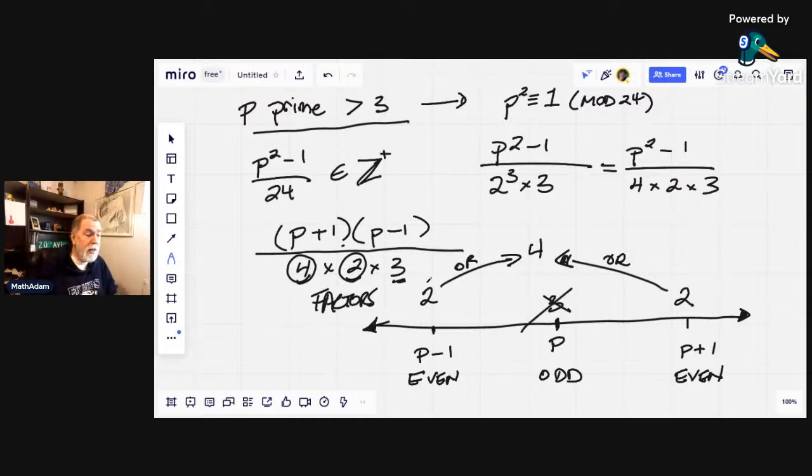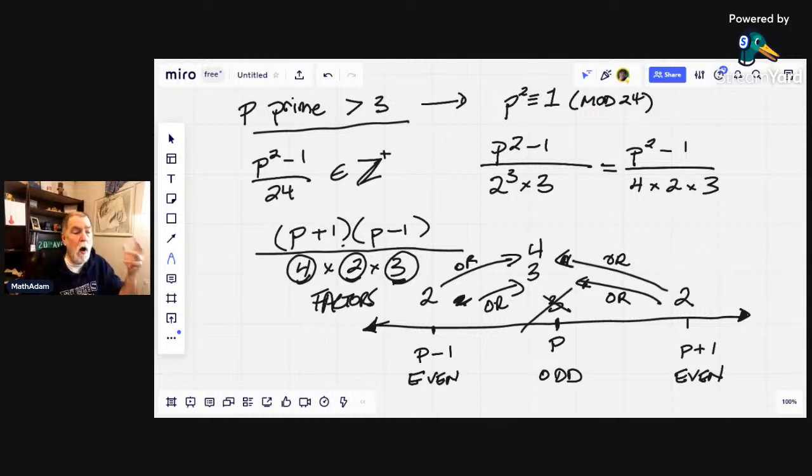So one of these 3 is going to be divisible by 3, but we know it's not the prime, so we know that it's going to be this one or this one. And do we have any way of determining which is which compared to the 4? We don't care, because now we've established that 3 is a factor.